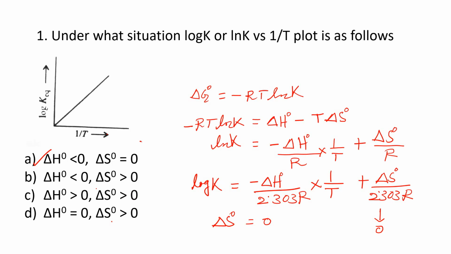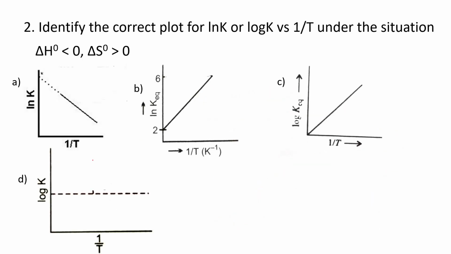Okay. Now let's see the second one. Identify the correct plot for ln K or log K versus 1 by T under the situation delta H0 less than 0 and delta S0 greater than 0.